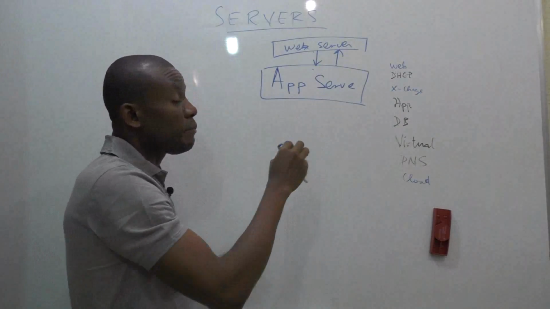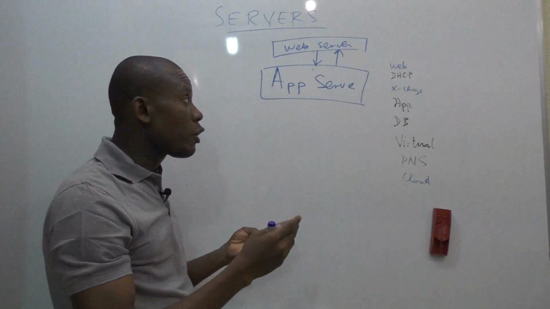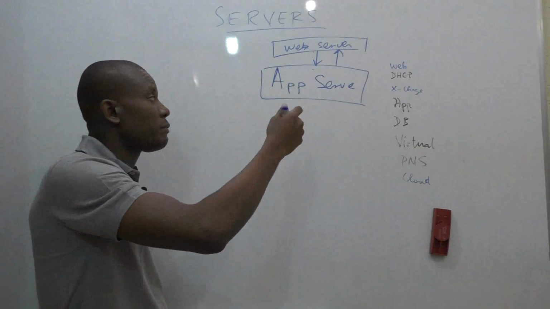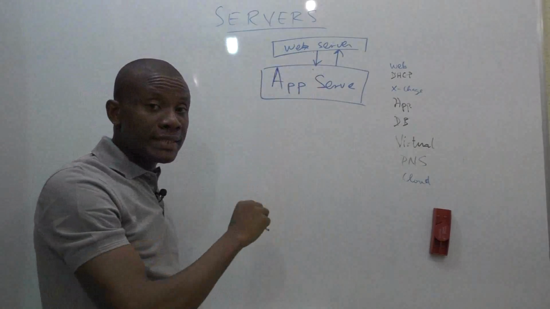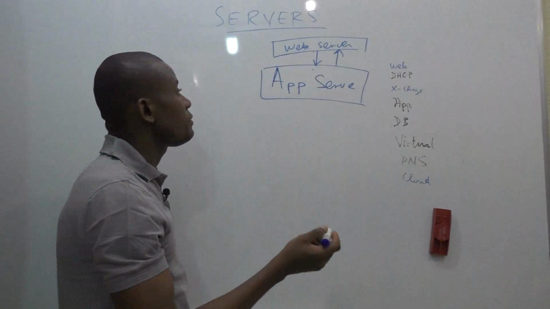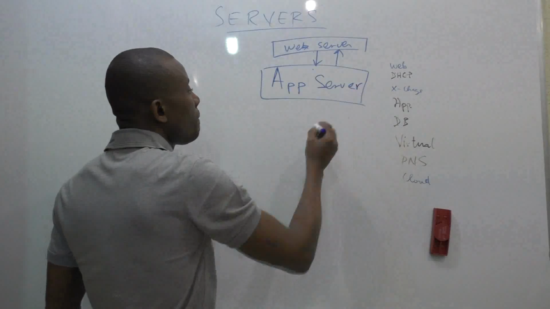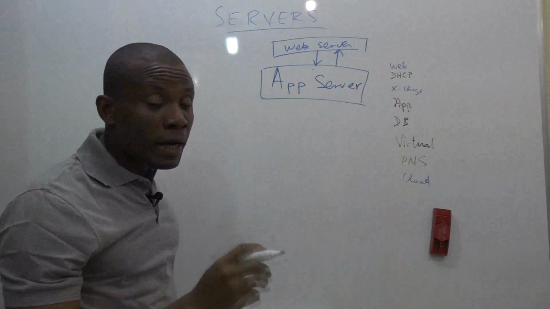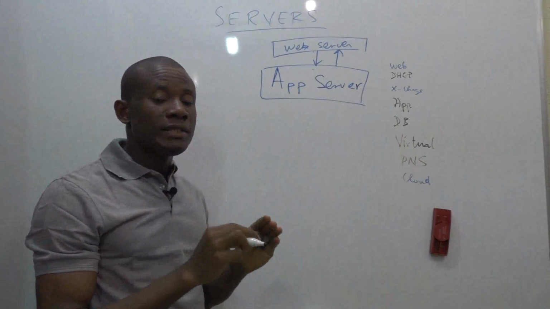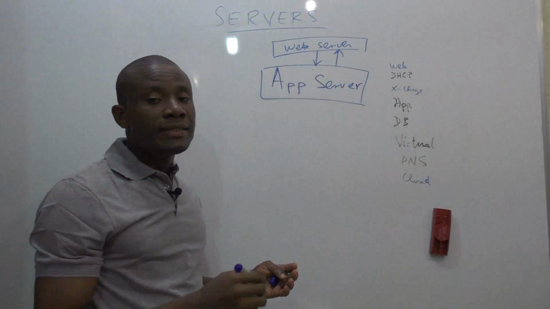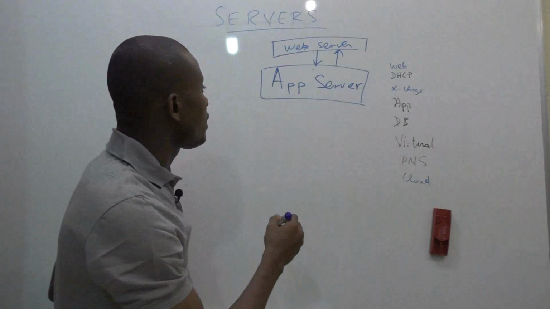Application server will check the markup, remove the markup, and replace it with pure HTML and send it back to the web server, because the web server only understands pure HTML pages, and then it can be sent back to the browser. But now, if the markup contains access to the database, for instance, the markup contains database queries.